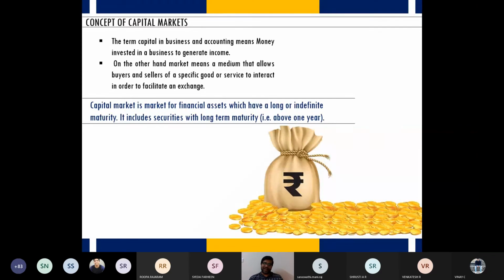So it's a market for financial assets which have a long or indefinite maturity. Or in other words, capital market is a part of financial market where the borrowing and lending happens for a period which is more than a year.